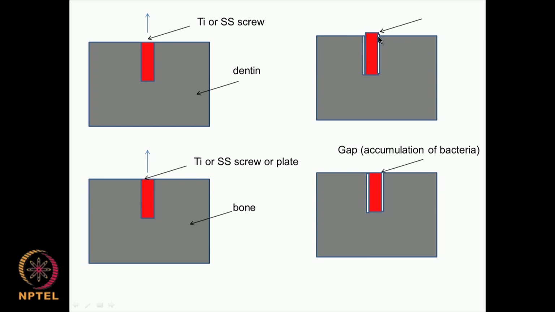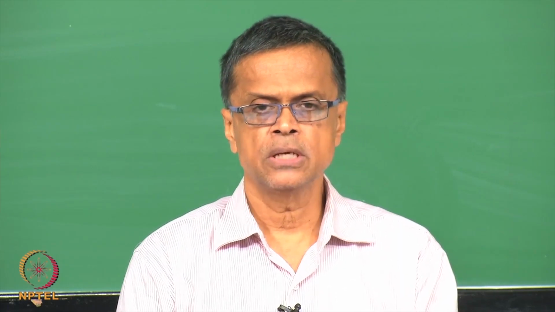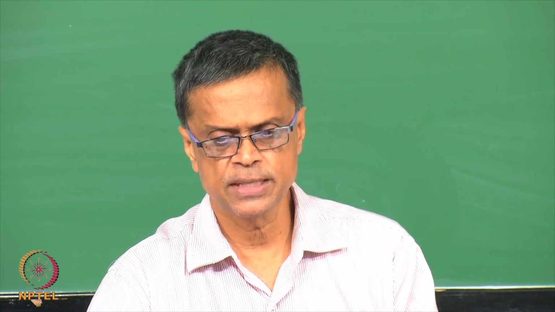So there is a contraction, so a small gap could be created, whether it is in dentin in the oral cavity region or in the bone, which could lead to bacterial colonization, bacterial infection and so on. Because of this change happening in the dimensions as represented by Poisson's ratio, one could have situations like that.